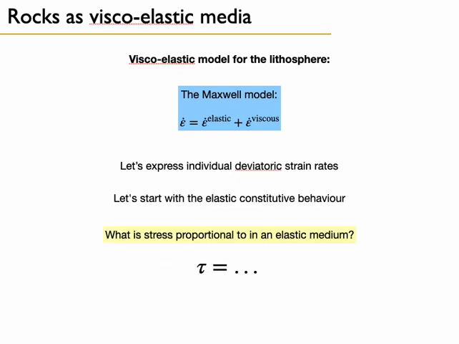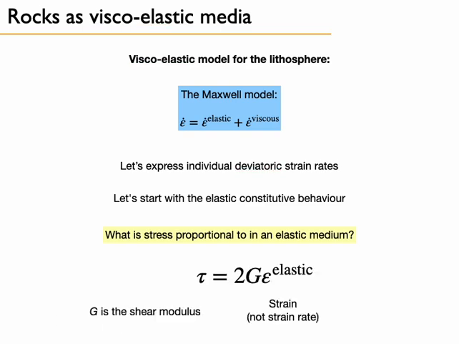So let's express this Maxwell model for viscoelasticity, and we will start by going back to expressing the stress in an elastic medium. In an elastic medium, the deviatoric stress is proportional to the strain, not to the strain rate.